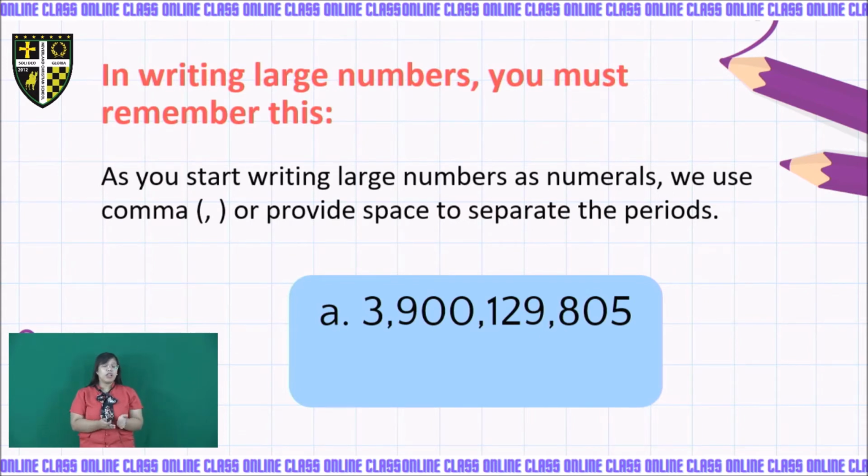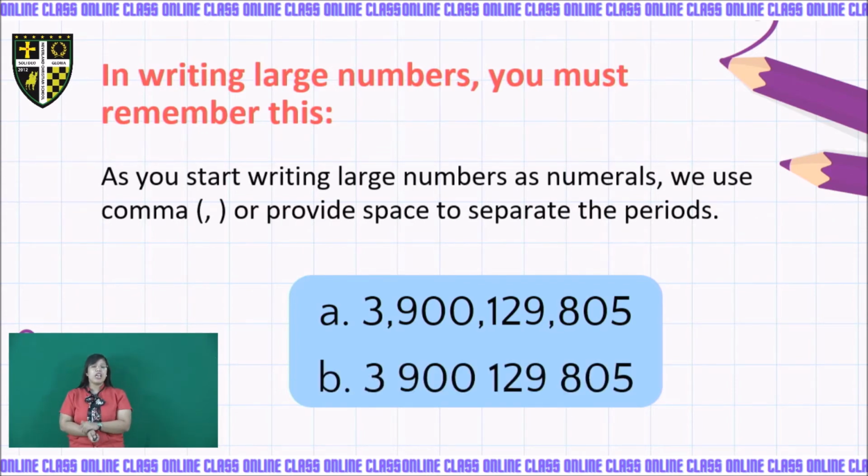3 for billion, 900 million, and then comma 129 thousand, comma, and 805. And the next example will be 3 900 129 805.